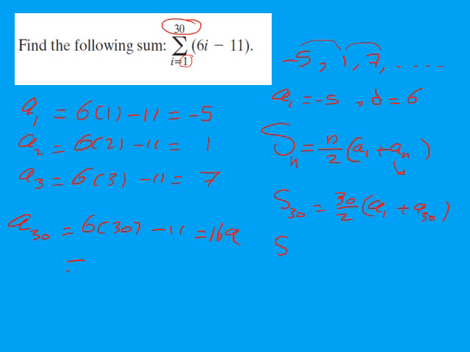So S30 is 30 over 2, and a1 is equal to negative 5 and a30 is positive 169. So the sum is 15 multiplied by negative 5 plus 169, equal to 2460.